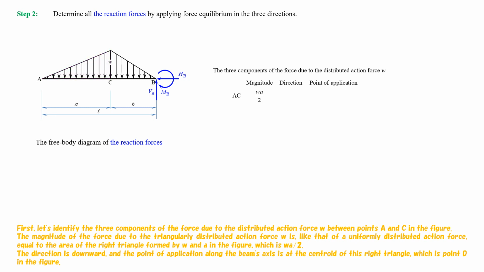The direction is downward. And the point of application, along the beam's axis, is at the centroid of this right triangle, which is point D in the figure.